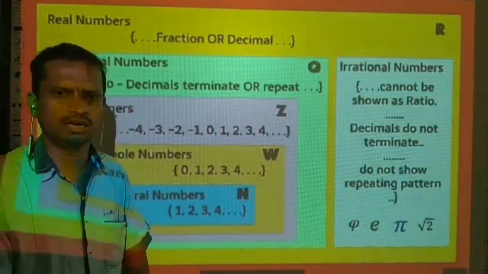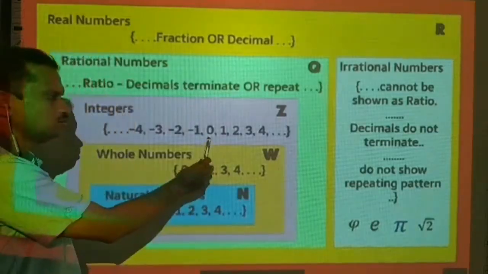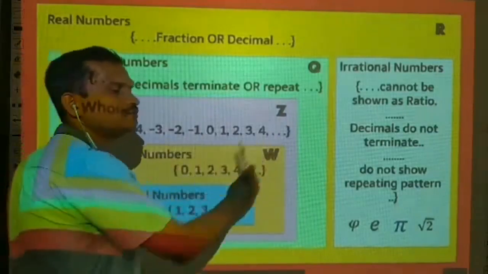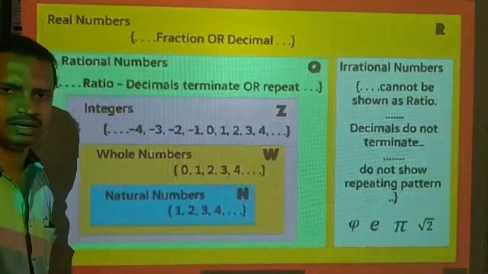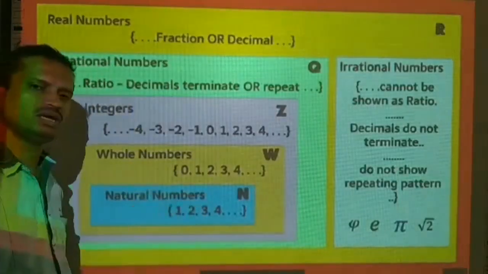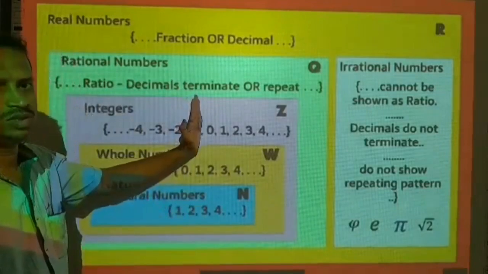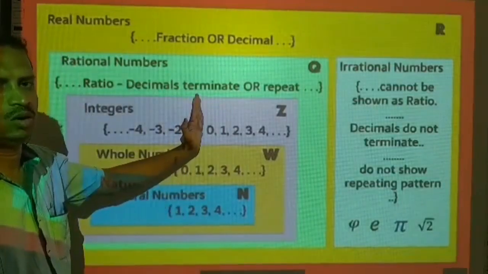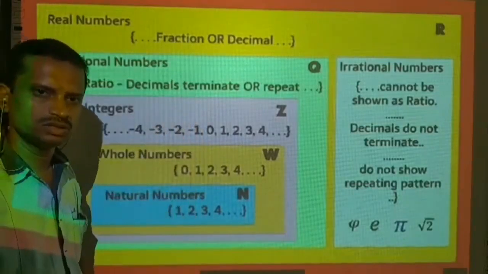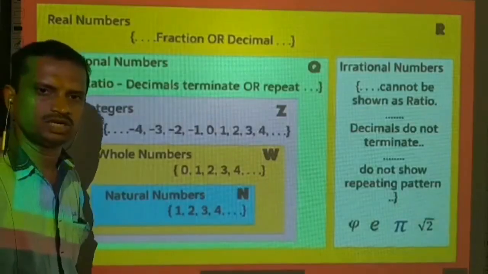On the number line, as in 8th standard, you put 0 in the center, negative numbers on the left side and positive numbers on the right side. So another way you can say it: whole numbers and negative numbers combined form integers.